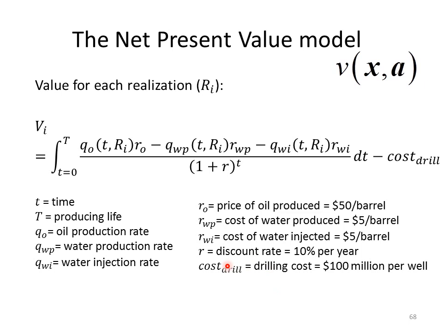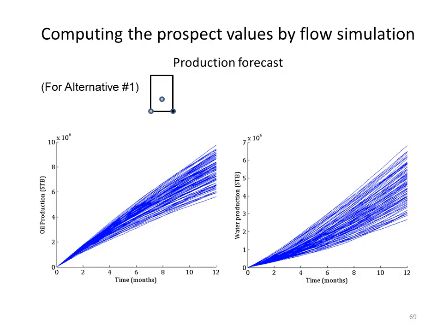We also include the cost of drilling the wells. And then we have the rates, the water production rate and the oil production rate, and this comes from the flow simulations. Here is one example. For one of those alternatives, these are the sets of simulated oil production and the sets of simulated water production as a function of time.